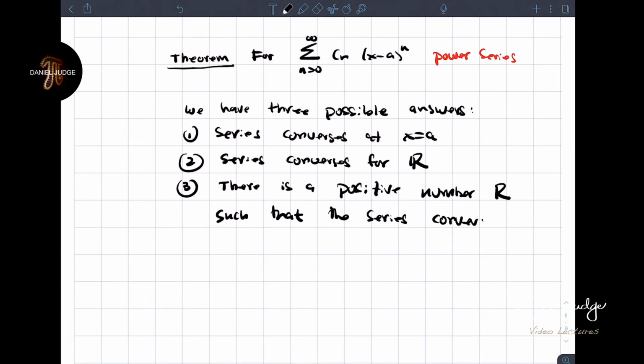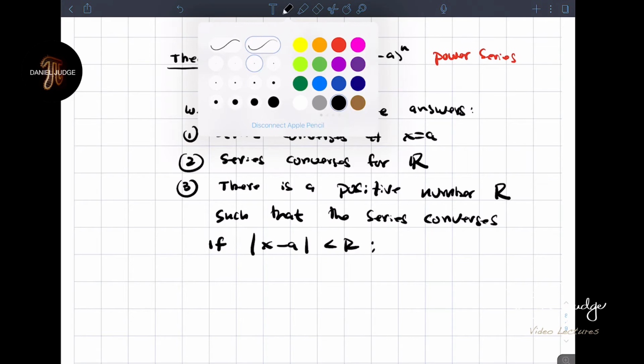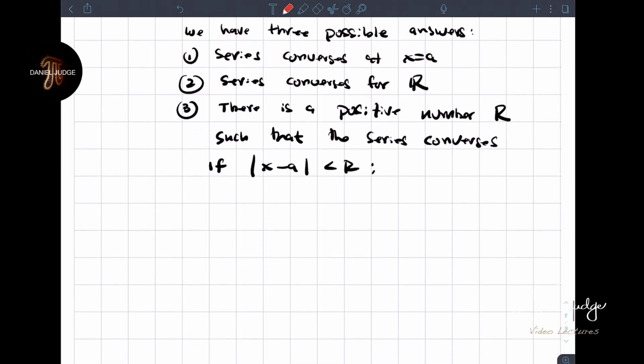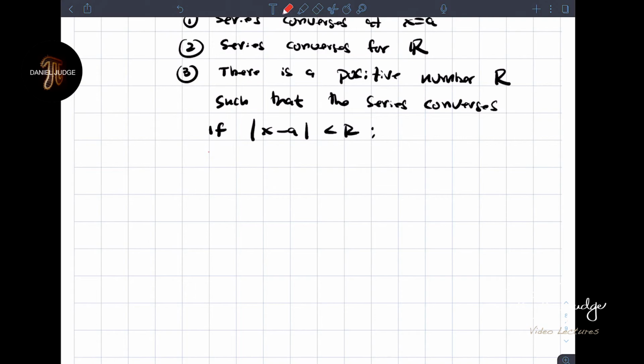the series converges if the absolute value of x minus a is less than r. And we're going to note that it diverges outside of this.